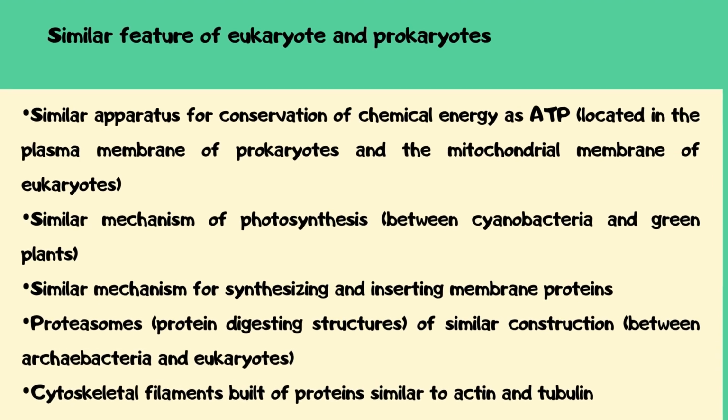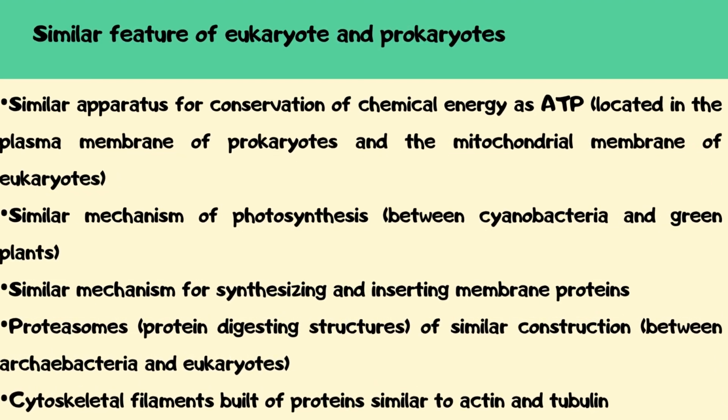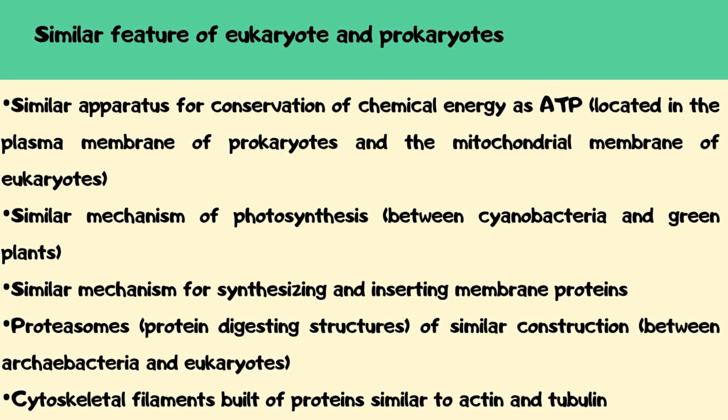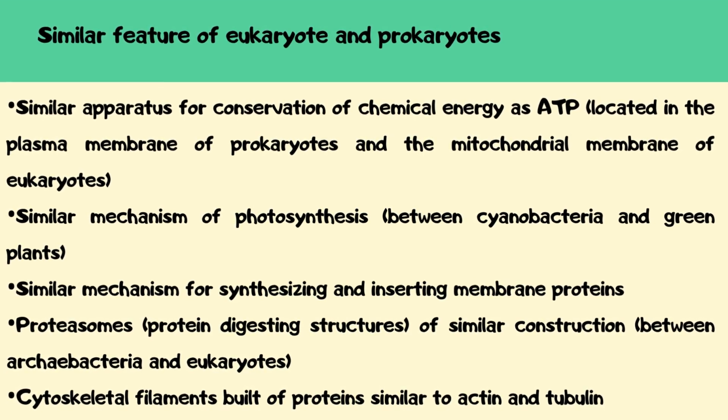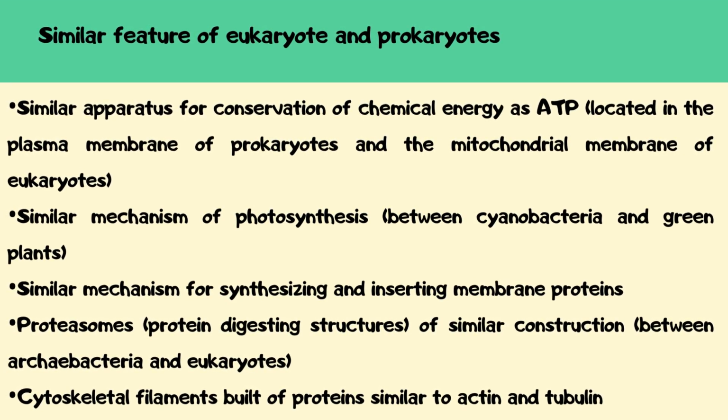Even though the prokaryotes and eukaryotes are different, they possess similarities between each other. Among the similarities are, they have similar apparatus for conservation of chemical energy such as ATP that is located in the plasma membrane of prokaryotes and the mitochondrial membrane of eukaryotes. They use similar mechanisms of photosynthesis as occur in the cyanobacteria and green plants.